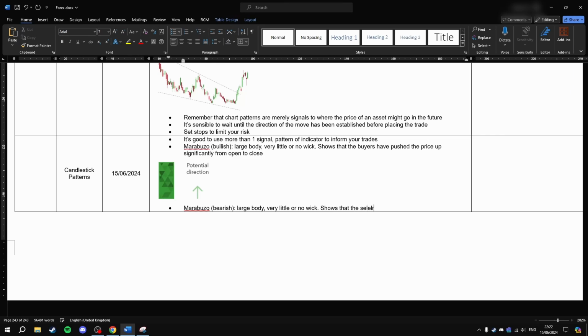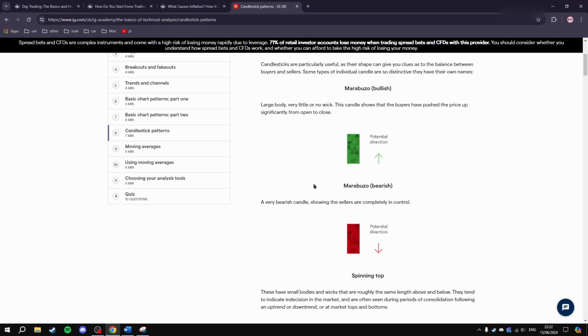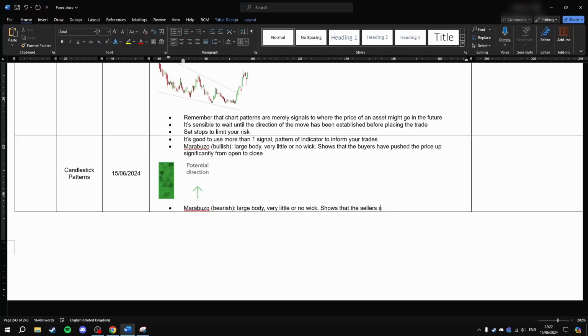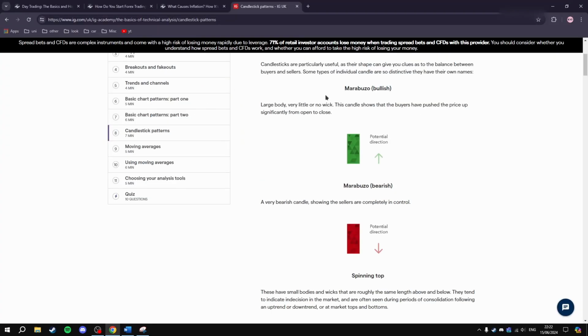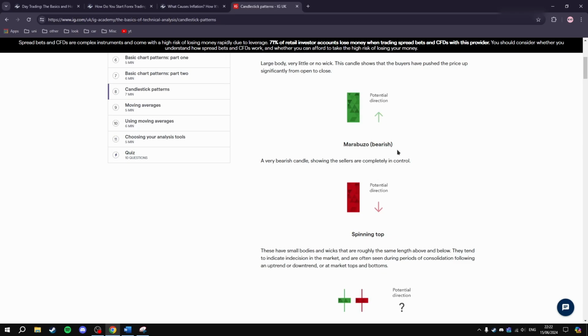It shows that the sellers are in complete control.